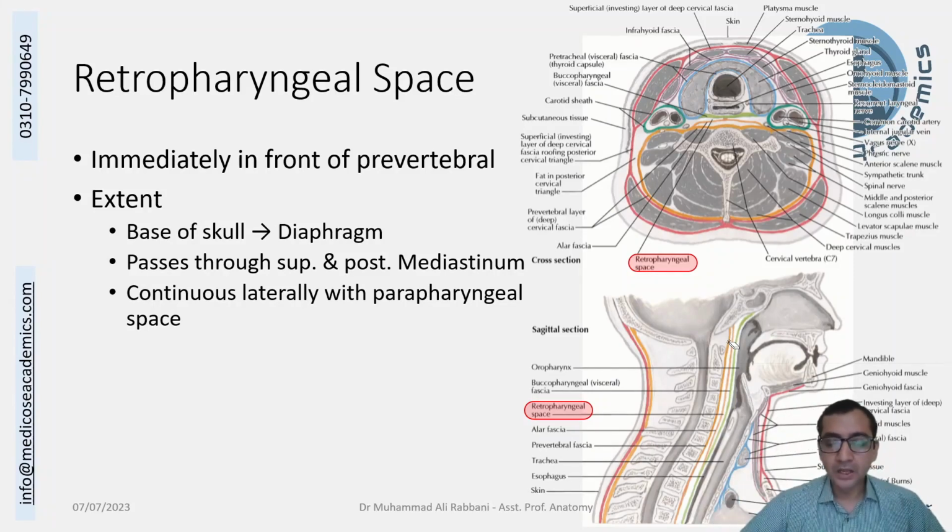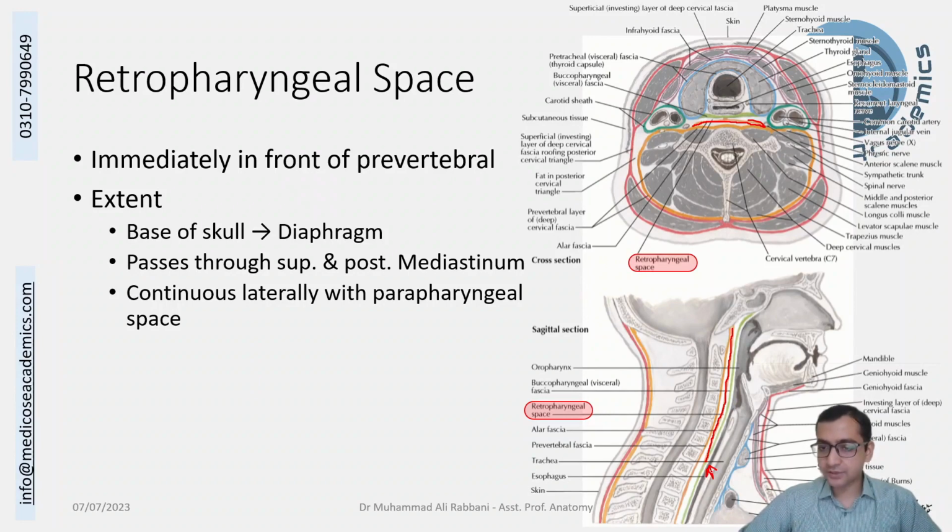So what is that? The fascia that we talked about earlier, this alar fascia, is between the two transverse processes. Let's follow the alar fascia. If you follow it right here, as we move down, it ultimately fuses with the buccopharyngeal fascia in front. It is not going all the way down.